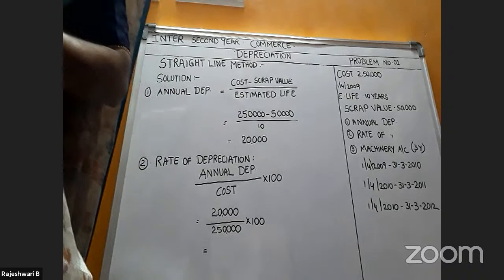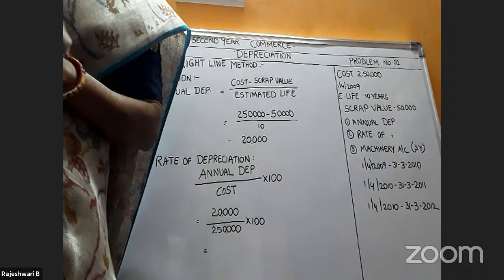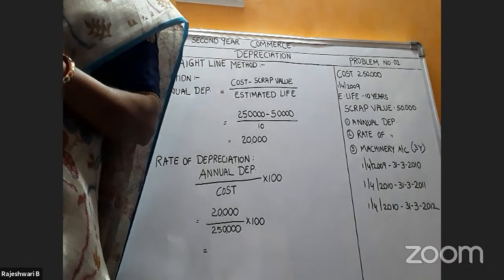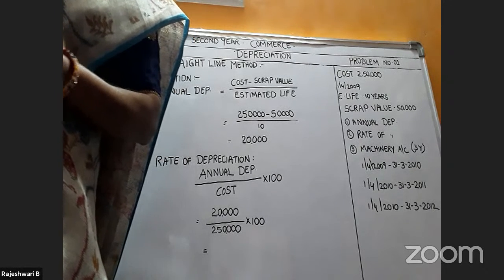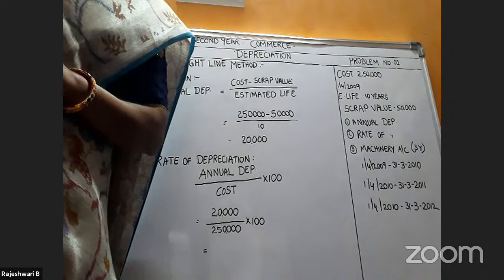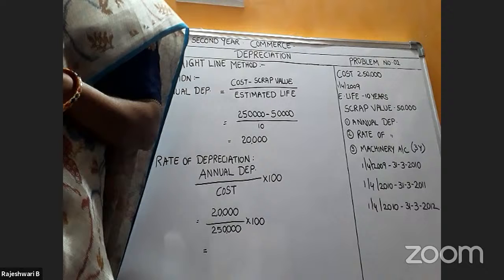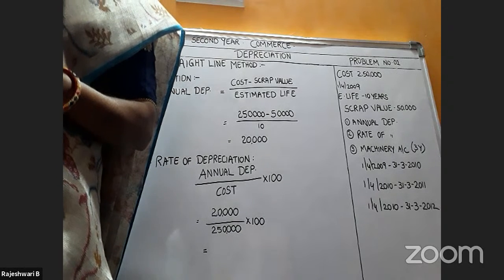Here they have not mentioned the name, so we will assume it is X company. From X company, they have purchased one asset, that is a machine, for 2,50,000 on 1st April 2009. The estimated life of the machine is 10 years.